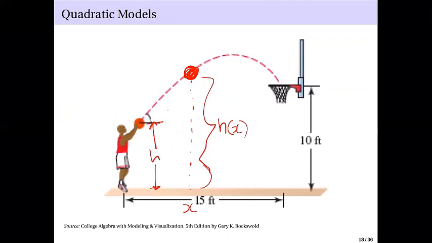And the height is your 10 feet. Which means at this particular point, this is the point (15, 10). Correct? Following?